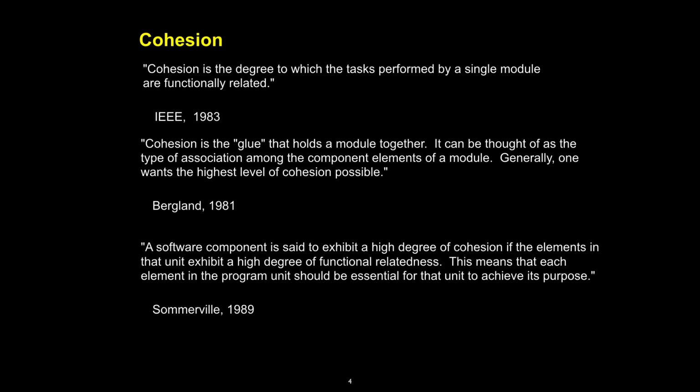So different people have different definitions of what this means. How well things belong together, how they fit together. Look at the abstraction. Do those things belong to the same abstraction or not? Having a priority queue where you have a print student method, that part's not very cohesive.